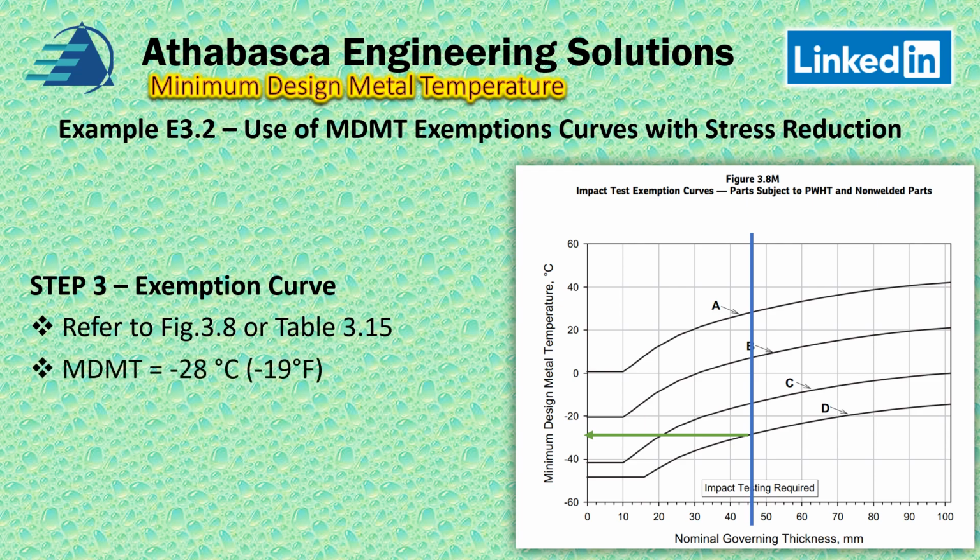When we did the example last time, we drew our curves and found, based upon the governing thickness of 46 millimeters, that we are at -28 degrees centigrade. We based that upon Curve D, which is the material curve for SA-516 Grade 70.